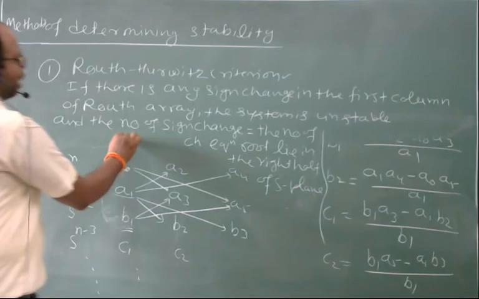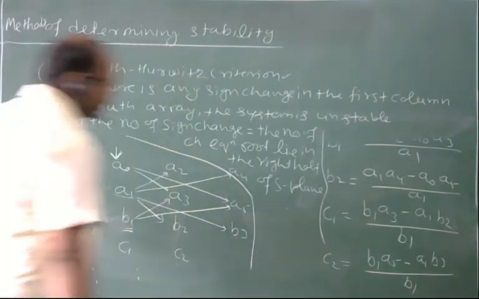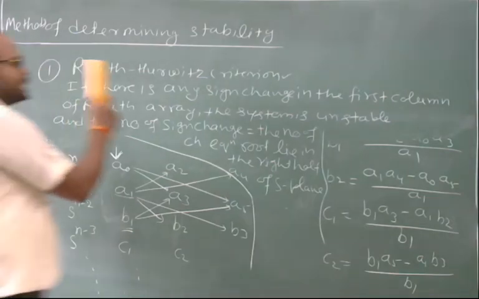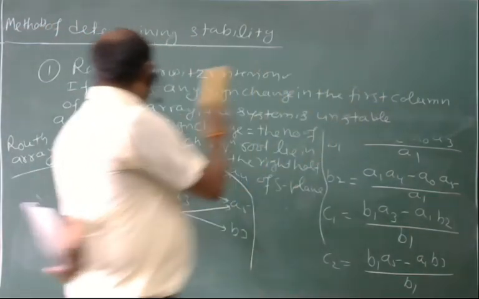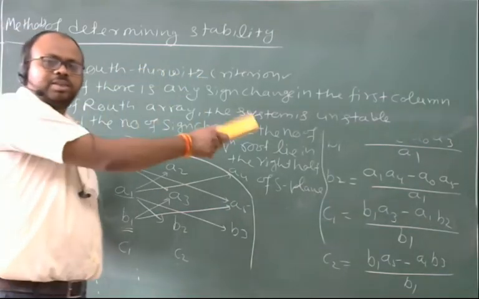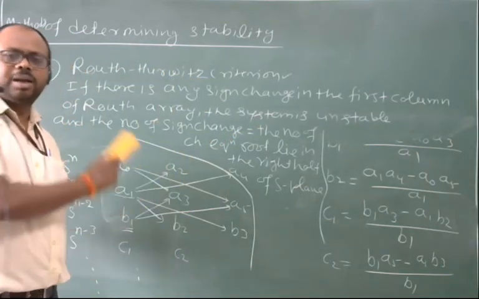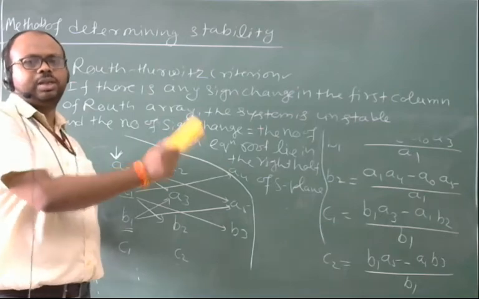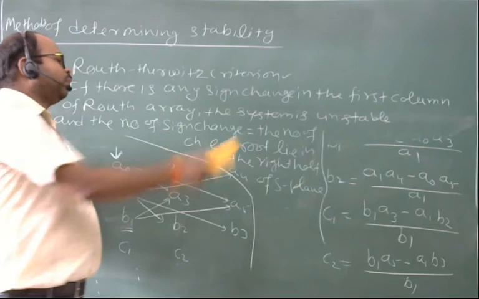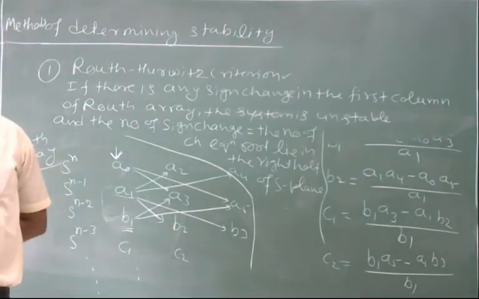Means if there is any sign change in the first column of Routh array, the system is unstable, and the number of sign changes in the first column is equal to the number of characteristic equation roots lying in the right half of S plane.